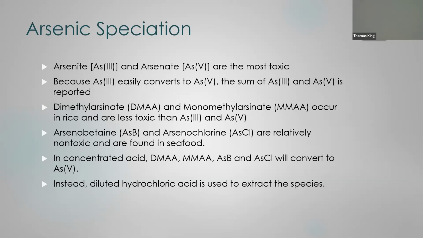And the hydrochloric acid is only heated to 110 degrees Celsius, compared to 190 degrees Celsius for the microwave digestion. So it's a softer type of extraction compared to the microwave digestion, which is very energetic and destroys the sample.